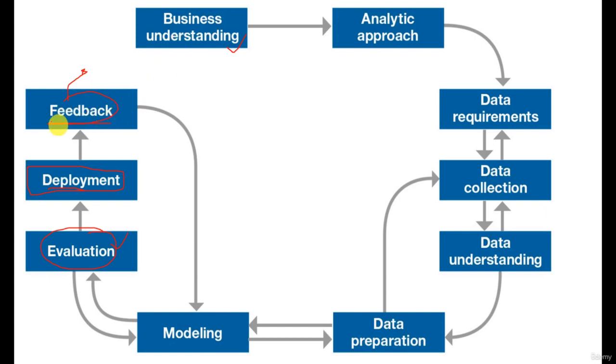But if the feedback that we got from the customer is poor, then we again go through this same pipeline where we fit the model with different data so that the model will be more appropriate and more relevant to get positive feedback from the customer. So these are the basic steps that we can use for creating any data science project.